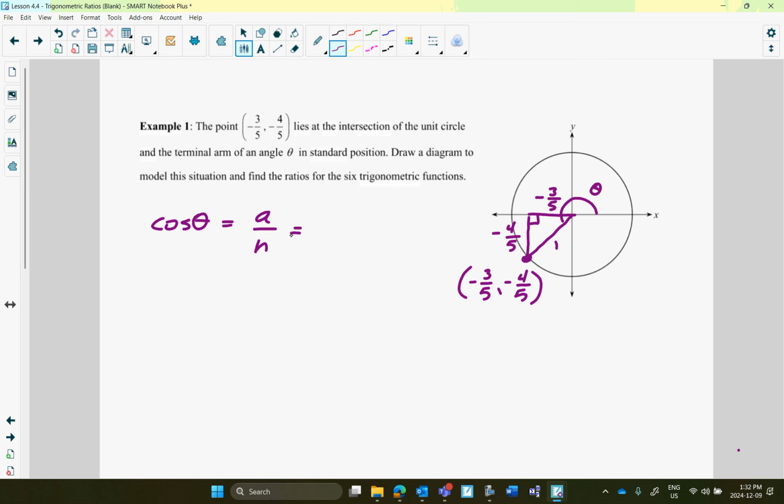So it's going to be negative 3/5 over 1, right? Which is just negative 3/5. But I know that the cos is always the x coordinate. The sine is always the y coordinate. So without having to do all this stuff, I can just go straight to this.